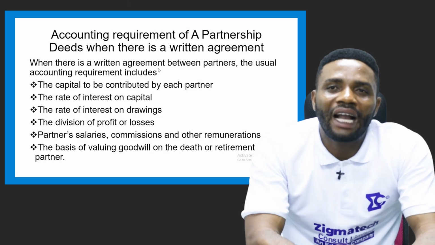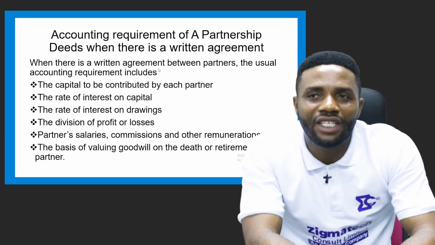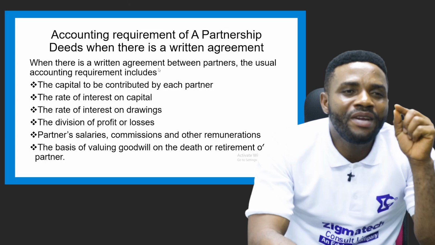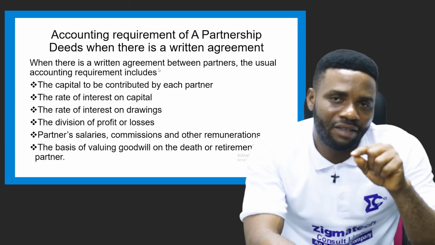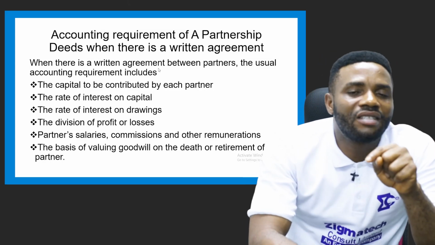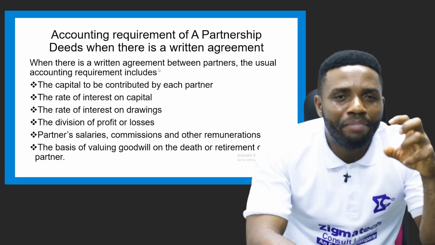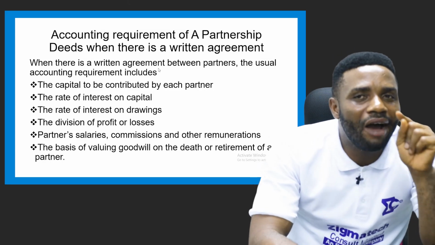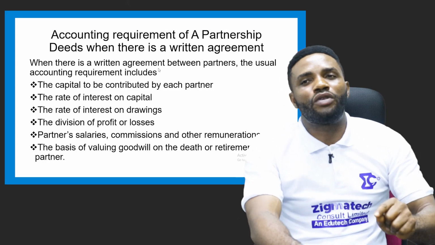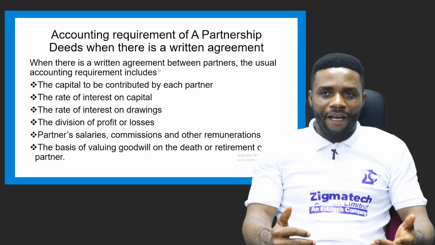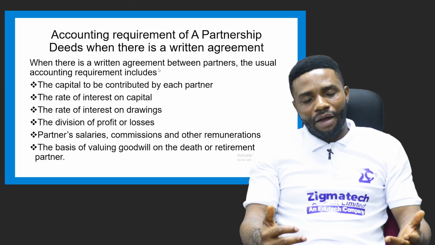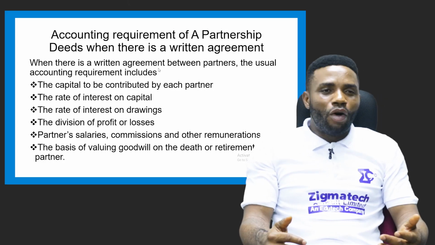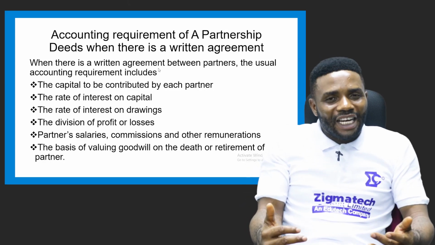Number one, the capital to be contributed by each partner. Every partnership deed, as long as there is a written agreement binding the partners, must spell out the capital that must be contributed by each partner. We are three, and we want to form a partnership business. How much are we expected to bring?